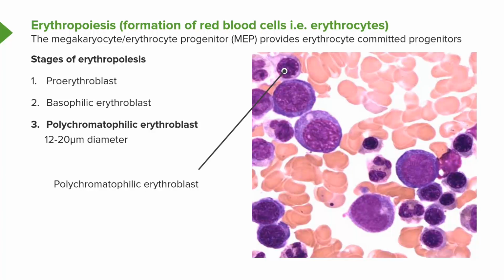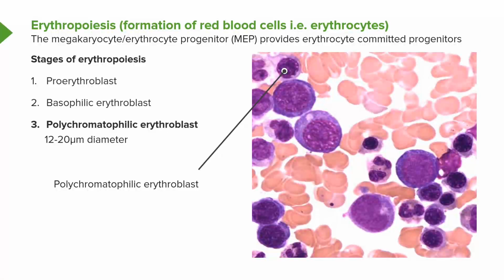It's lighter. And it's because this cell has now gone on to the stage where, having got the factory to make hemoglobin, and therefore basophilic, it actually manufactures the hemoglobin. And hemoglobin, being a protein, takes up the eosinophilic staining.